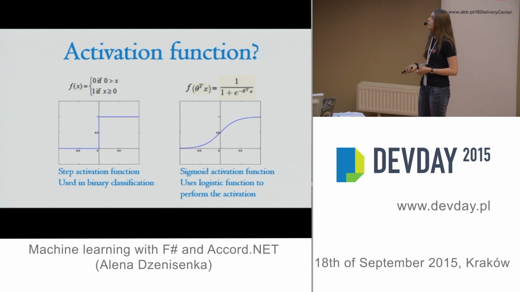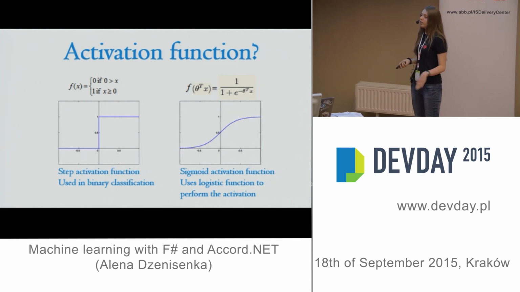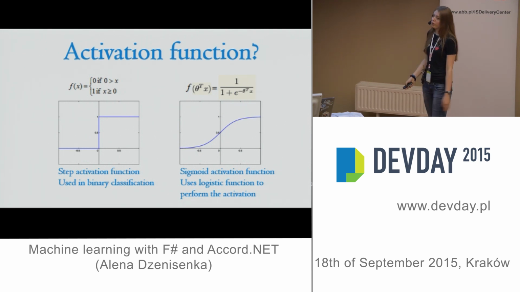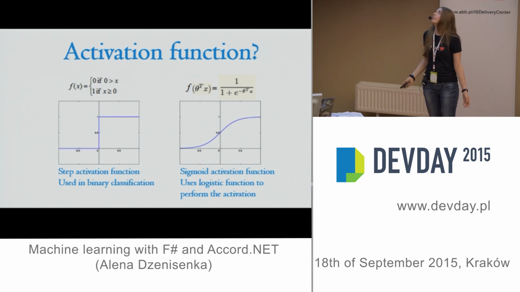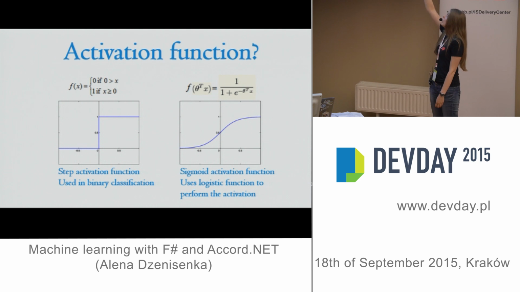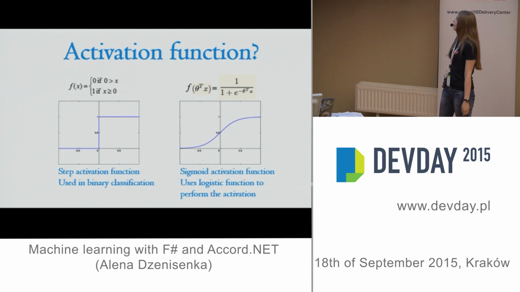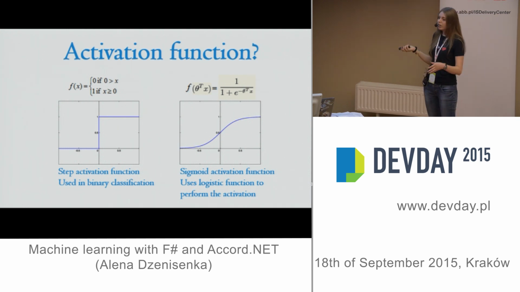That means that if some value is greater than some threshold value, it will be 1. If not, it will be 0. Or we can use some probability-based function, the same as in logistic regression. It is called the activation function because it produces the value for the hidden layer neurons.